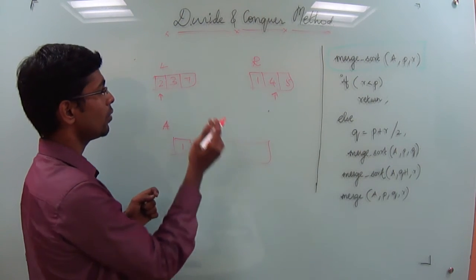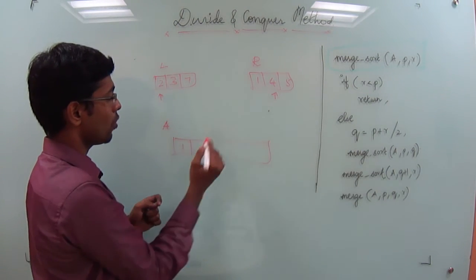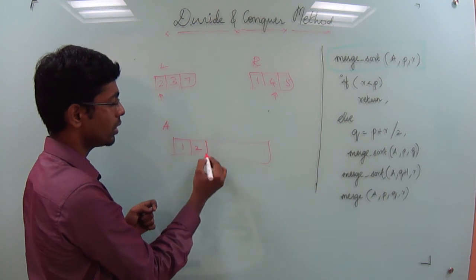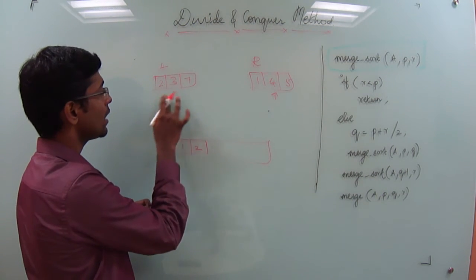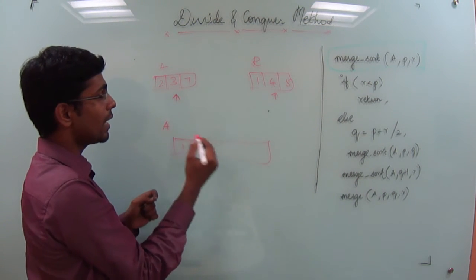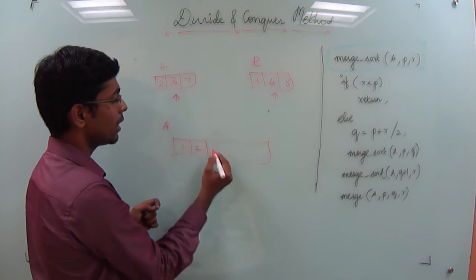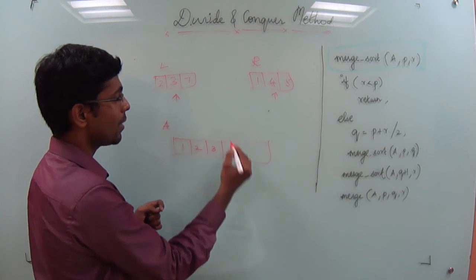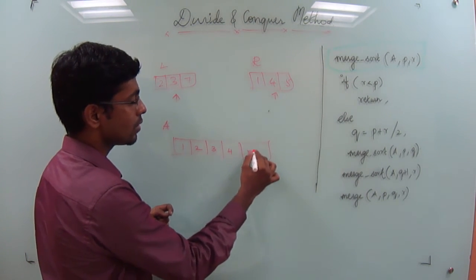Then I find that 2 is lesser than 4, and so I insert 2 in the main array and then increment i, and I keep doing this continuously until I merge all the elements.